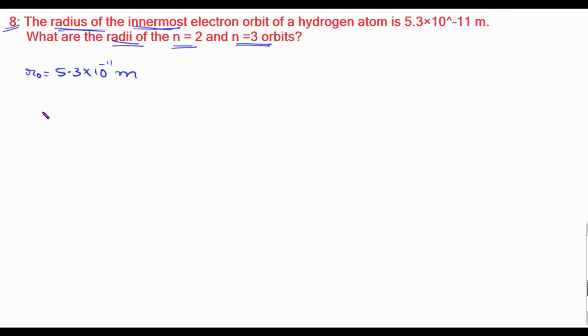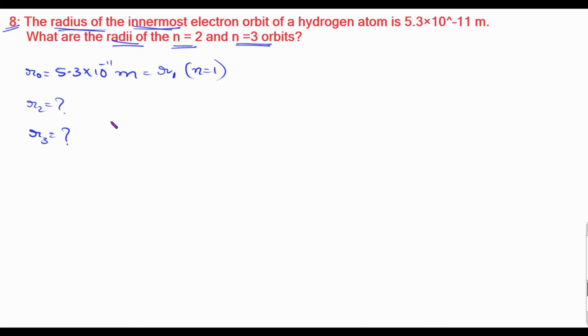We have to calculate the values of R2 and R3. So R0 you can also write as R1, because here n = 1, the innermost orbit.